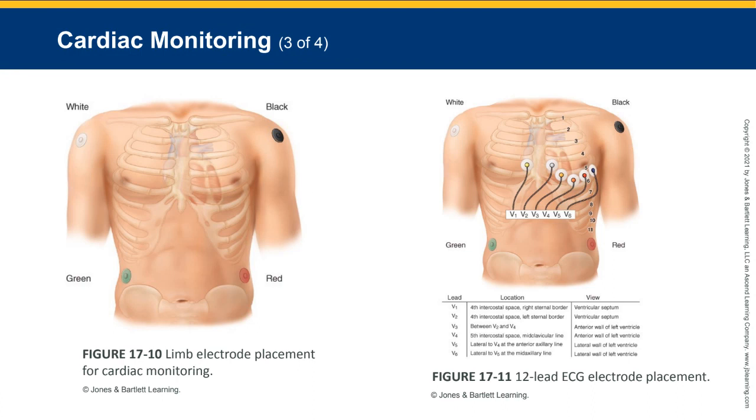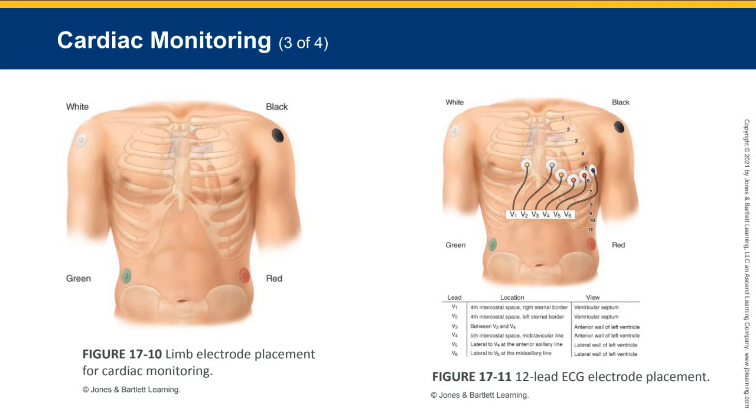Now, the diagram that you're seeing on the left represents cardiac monitoring. With cardiac monitoring, it is 4 electrodes: white, black, green, red.